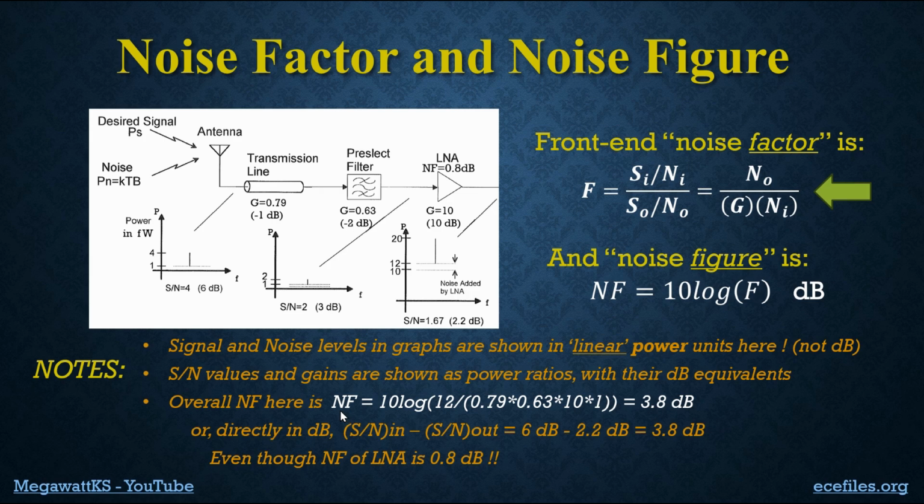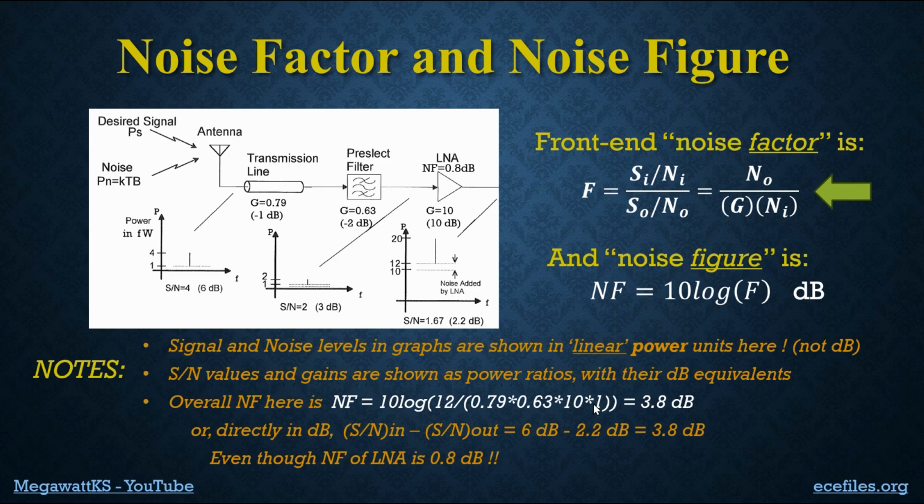So if we just compute it directly, the noise factor is what's in parentheses here. It's the total gain, which is 0.79 times 0.63 times 10, times the 1 femtowatt that was coming in, and that's the ideal output noise. And the actual output noise, because the LNA added 2 femtowatts, is 12. So the noise factor is the total noise output divided by the ideal noise at the output.